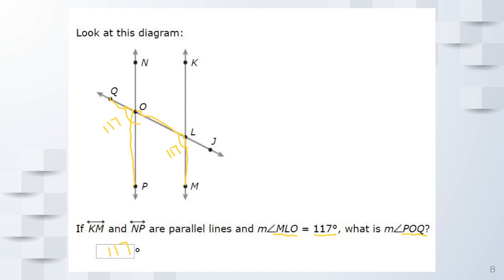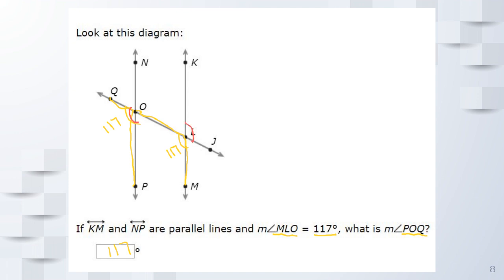So sometimes it does get a little tricky. Most of the angles we know, and we know the name for them, but these ones we haven't necessarily gone over, but these would be corresponding angles and they would be congruent. So another way that we can think about this is angle POQ, which is this angle here, would be alternate exterior angles with this angle here.